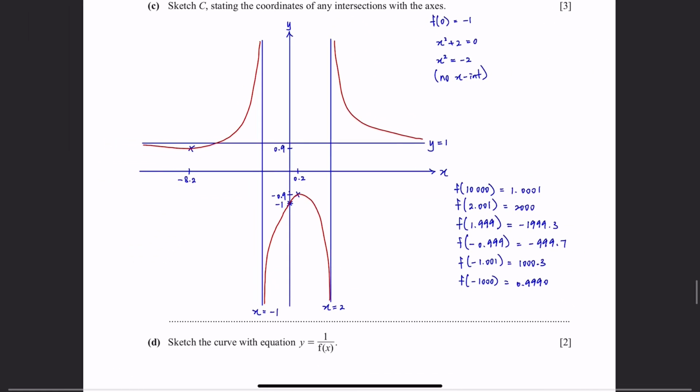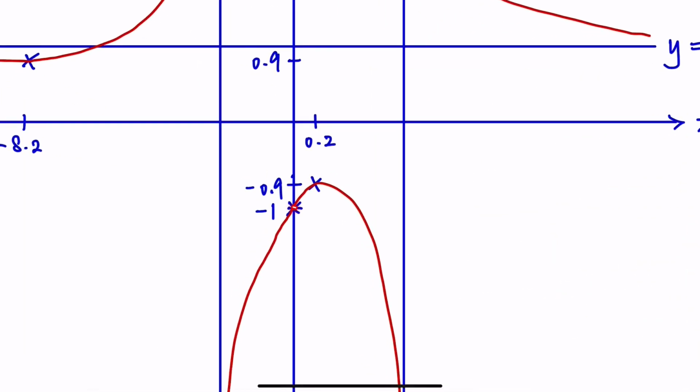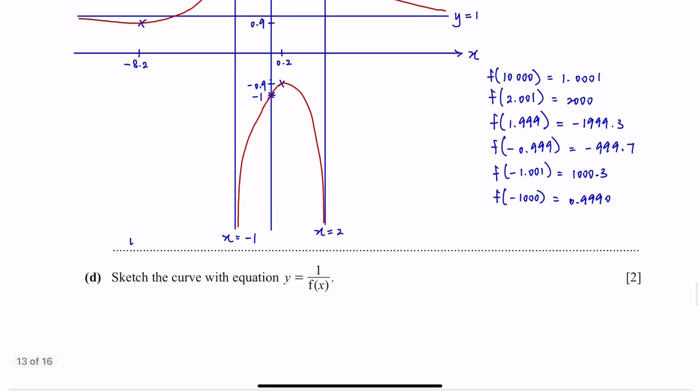Yes. This should be how the graph looks. And we need to state the coordinates of any intersection of the axis. So this would be the only intersection of the axis. So let's just state that y equals to negative 1.